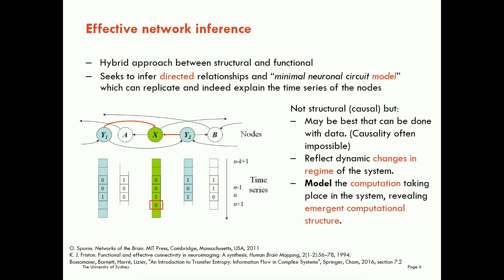Furthermore, we can think about effective network inference as modeling the computation taking place in the system. This is coming back to that keyword model that was in the original definition of effective network inference that we can find in the Friston article and papers below. So coming back to that word modeling, what we're trying to do here is to model the computation taking place in the system, revealing emergent computational structure.